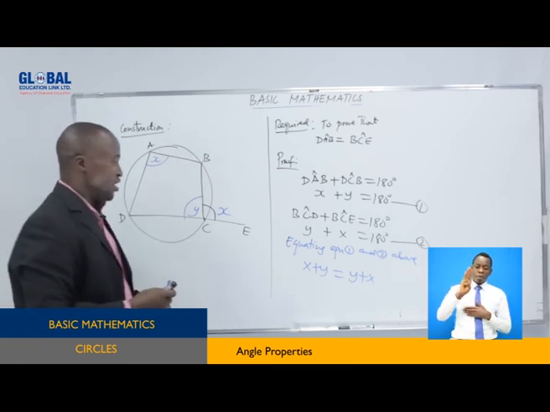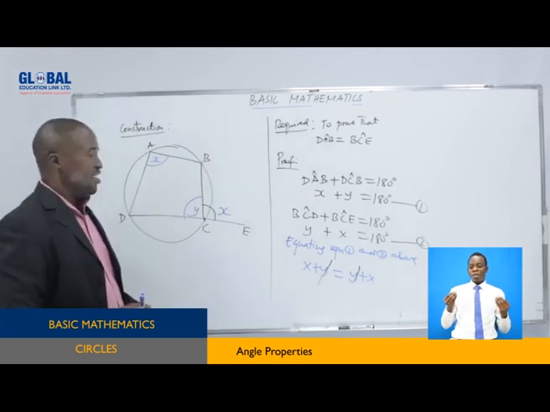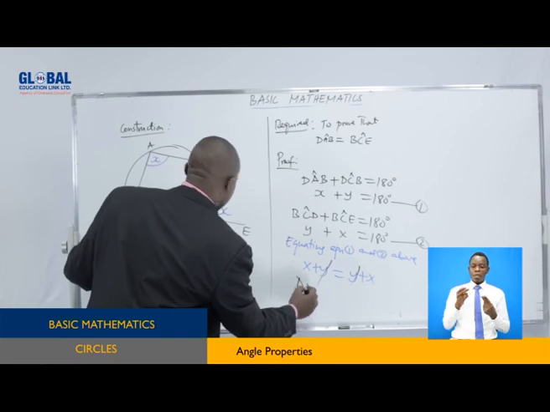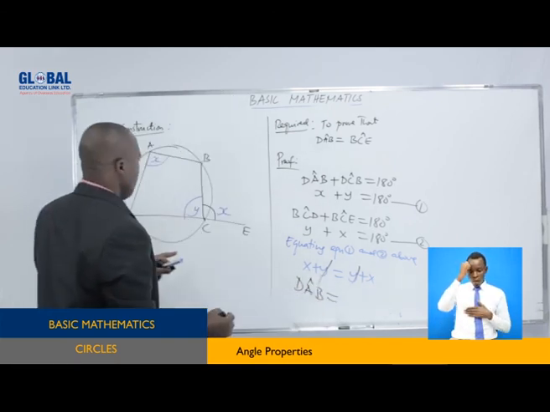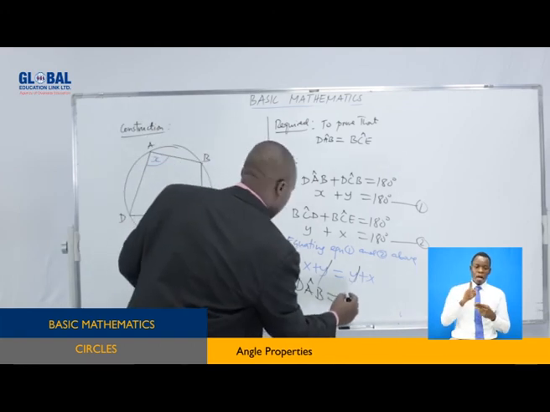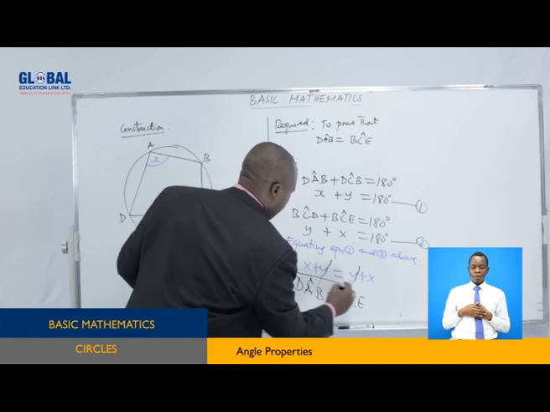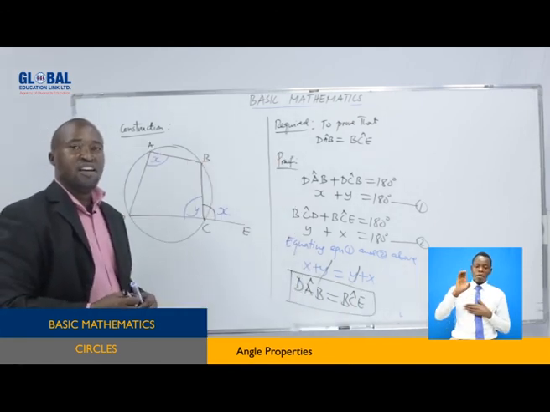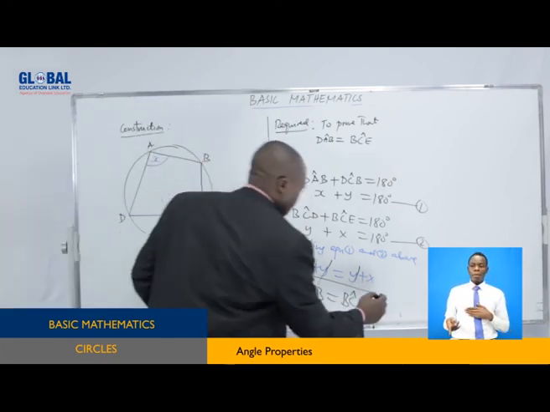So in this case, we can cancel y and remain with x. But remember, x is DAB, which is equal to BCE. So in this case, we say hence proved, the theorem is true.